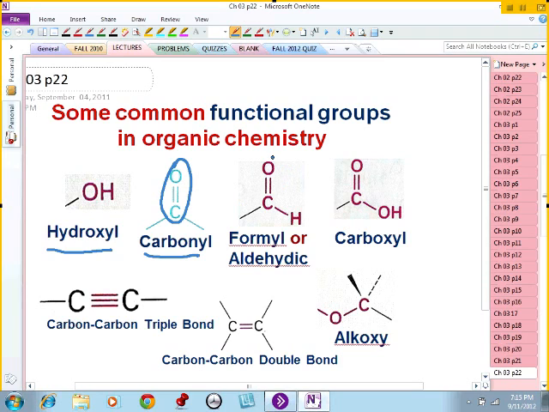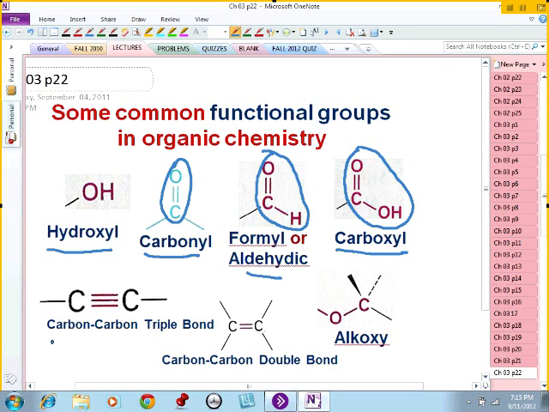Anytime you have a carbonyl attached to a hydrogen, we call this a formyl group or aldehydic group. Anytime you have a carbonyl attached to a hydroxy group, which is this group right here, notice this is carbonyl hydroxy group, then we call this a carboxyl group.